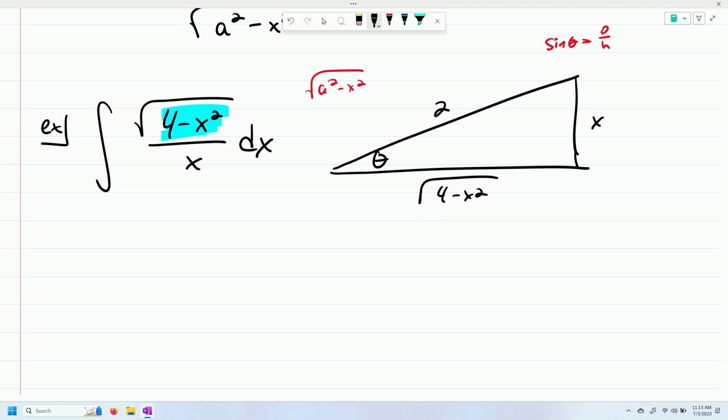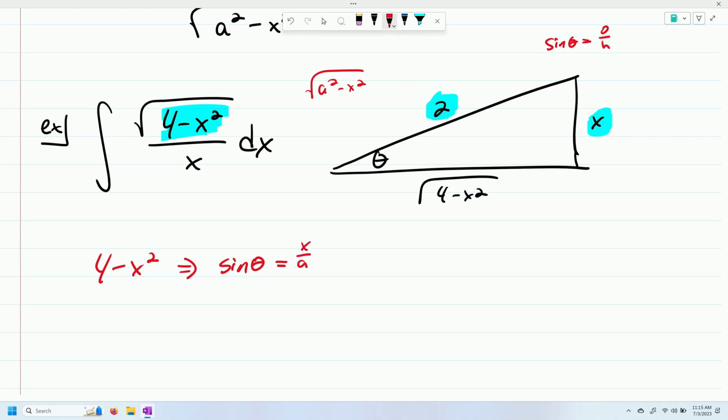Now, a really easy way to determine why the x goes on the opposite side and why the 2 goes on the hypotenuse side is remember, 4 minus x squared tells us that we're going to be using sine theta equals x over a.